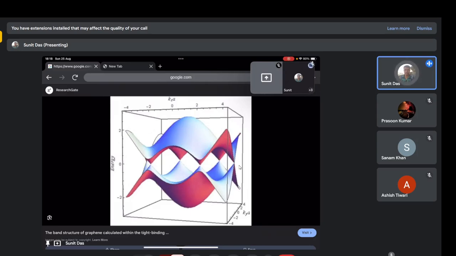So when we say the low energy band structure of graphene, what we mean is that we only focus on the region around the K and K prime points, in a very narrow range, where this almost looks like a linear energy dispersion. We'll derive what the dispersion looks like around these band touching points, and it will turn out to be exactly linear.